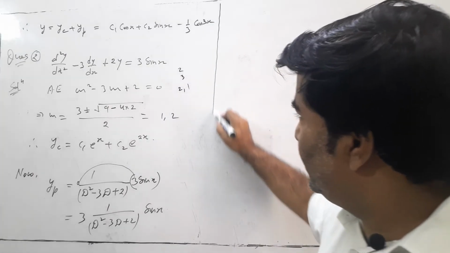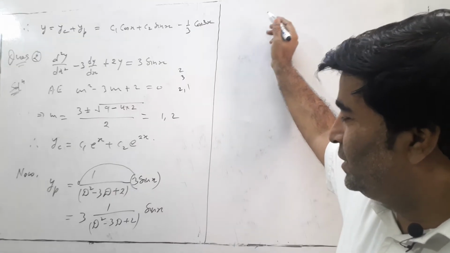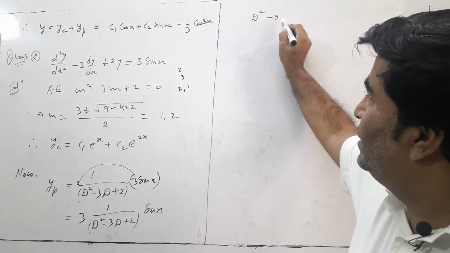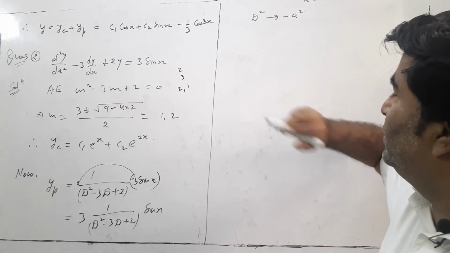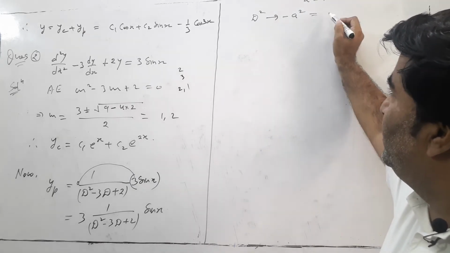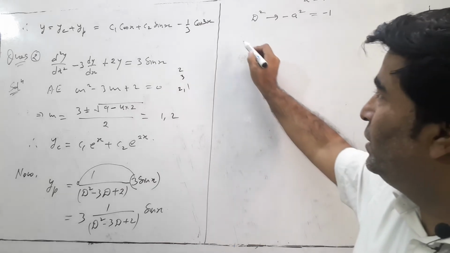We know that in the case of sin x or cos x, we replace D square by minus a square. Here a is 1, so D square is replaced by minus 1.